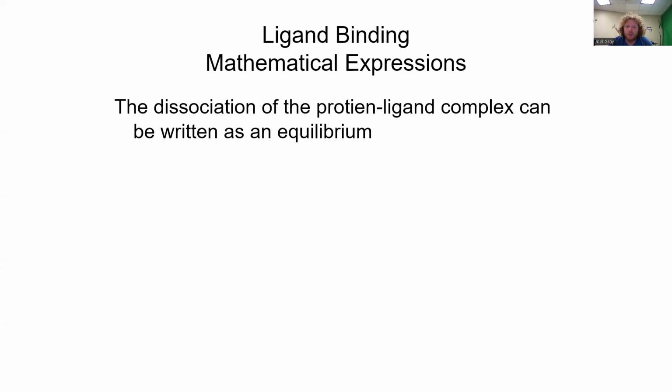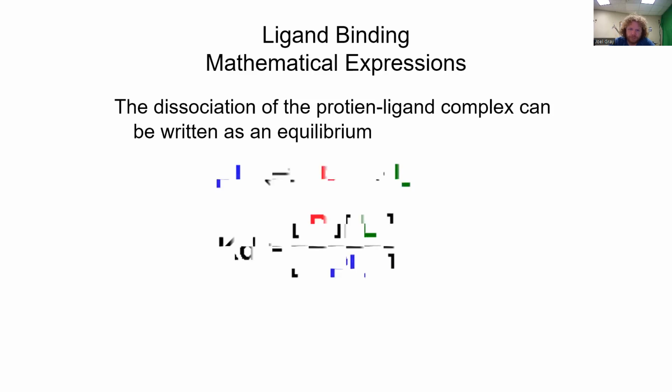Now, the dissociation, so the release of that protein ligand complex, can be written ultimately as an equilibrium. This should be somewhat similar to what you saw in Gen Chem 2 when you talked about equilibrium.